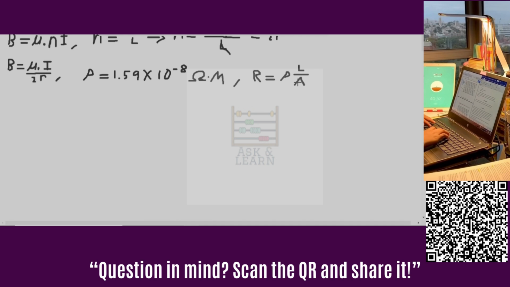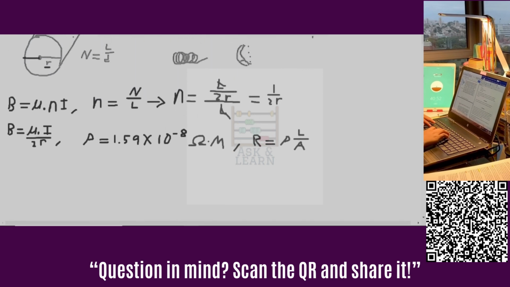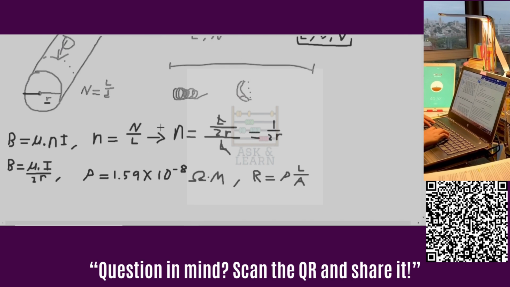So we want the resistivity of the wire through which the current is flowing, because we want to relate this to our V. We're given the voltage. We want to relate this resistivity to that to find the resistance. So it's resistivity times the length divided by the cross-sectional area. The cross-sectional area means the area of like if you were to cut this wire or look at the very tip of it. This is the cross-sectional area here.